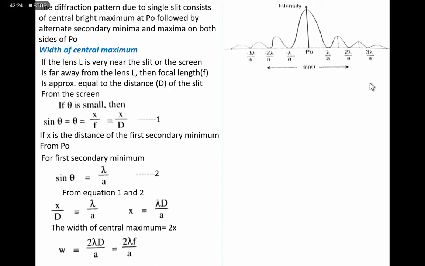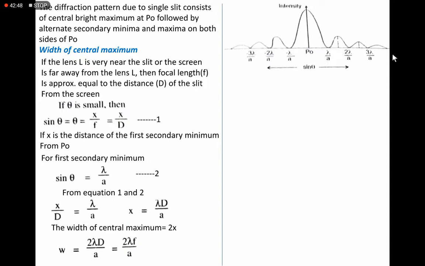For every integral multiple of lambda, we get the minima. And when it is divided by 2, we get the maxima. The maxima is at (2n plus 1) lambda by 2. At this we get the maximum.